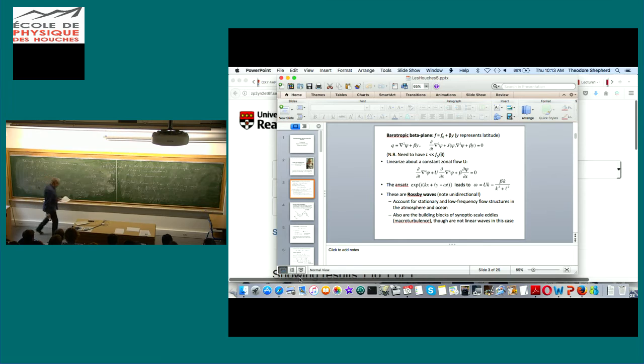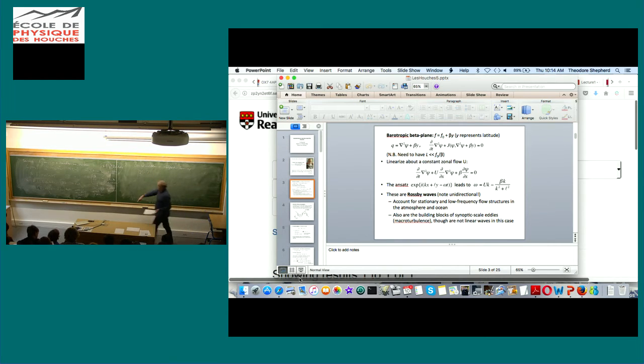Okay, so how is this Hamiltonian? I'll just point out that this can be written in symplectic form, as d omega by dt is equal to J, and I'm using J now not as a Jacobian.